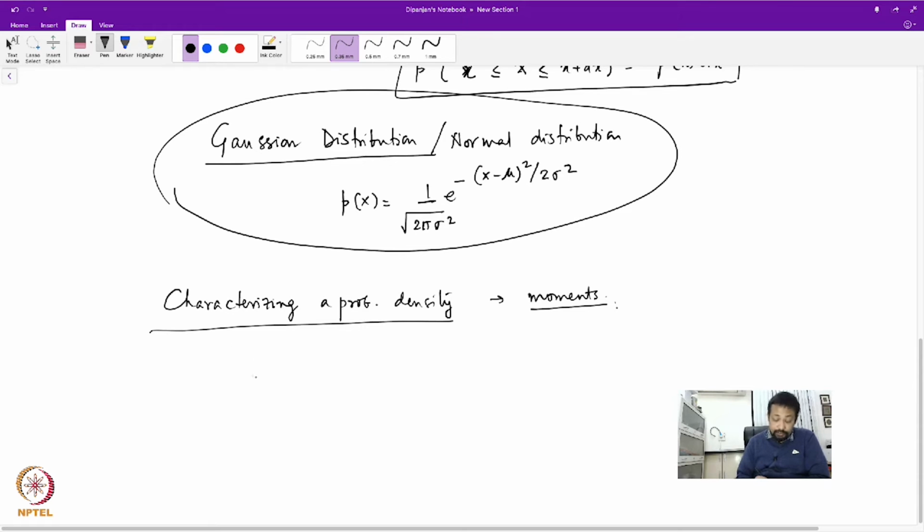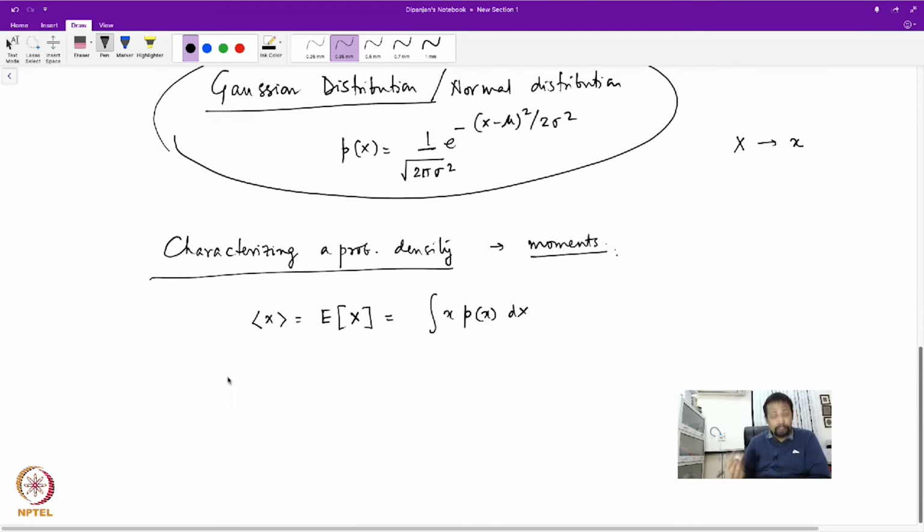So for example, the average of the random variable X, please note henceforth and all throughout our discussion, when we are discussing a random variable, the capital X denotes a random variable, whereas the small x denotes the values which this variable can take. So the average of this quantity is essentially the integral of x p(x) dx.